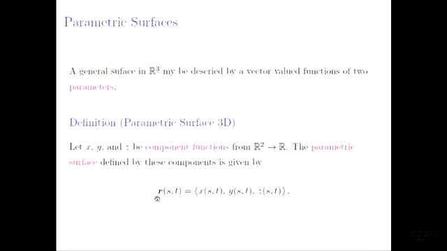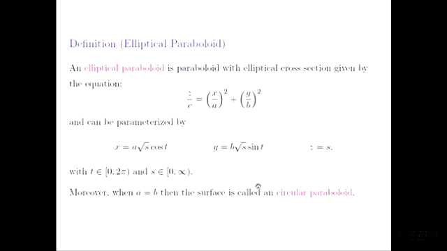Right? So here's r. Here we take 2 components, s and t. I use s and t, but some other books use u and v. So just be aware of that difference. So the parametric surface defined by these components is given by 3 components, an x component, a y component, and a z component, and you need to give me 2 parameters now. So here's an elliptical paraboloid.